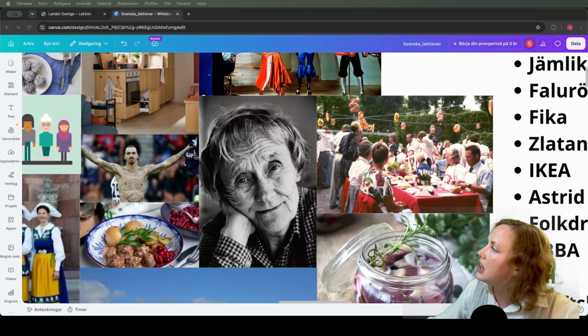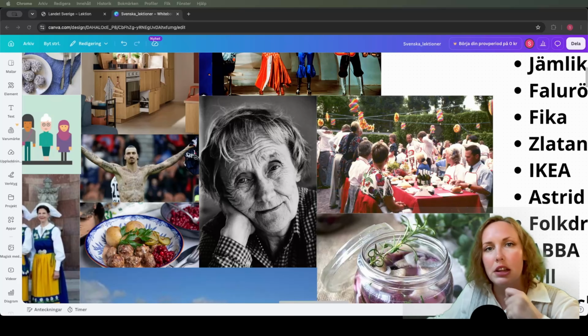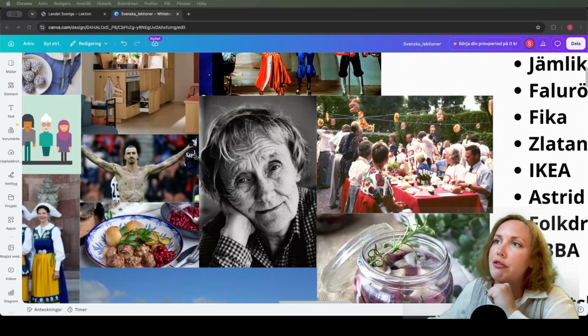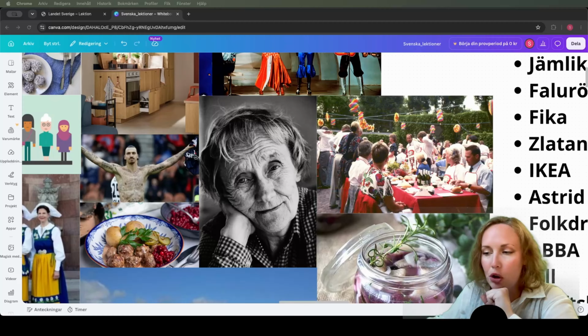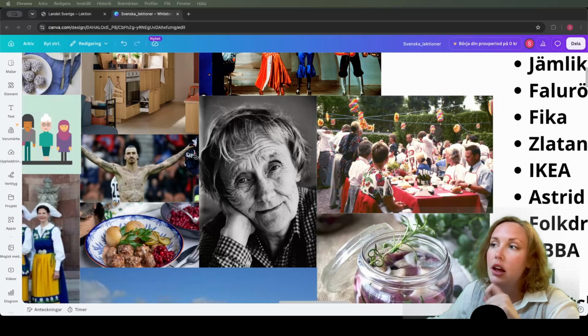It's hard to say what specifically makes her so famous and loved by everybody, but if I had to try to boil it down, I would say that it's a combination of her incredibly vivid imagination, her way to handle the Swedish language, and the way that she takes children seriously in her books.